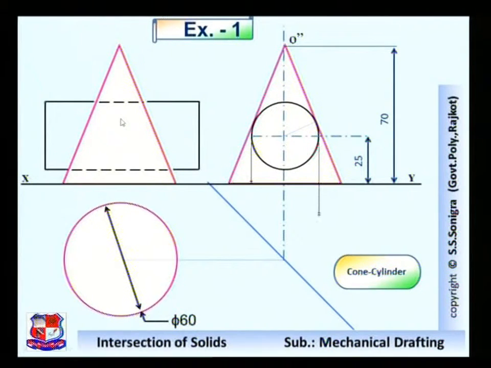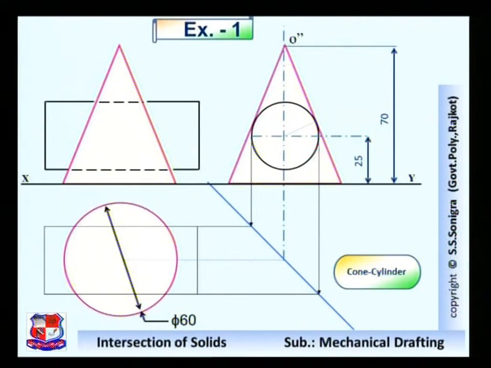Now after drawing these dotted lines, let me draw the top view of this cylinder. For that, draw miter lines, and draw projection lines from this side view to the miter lines like this. From that, draw horizontal lines, and the length of the cylinder is given to us. According to that length, mark the 2 points and 2 vertical lines over here. So this is the top view of the cylinder.